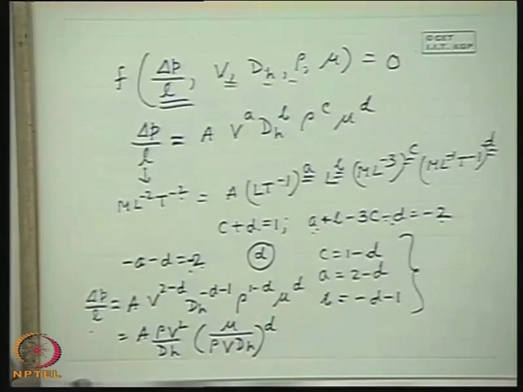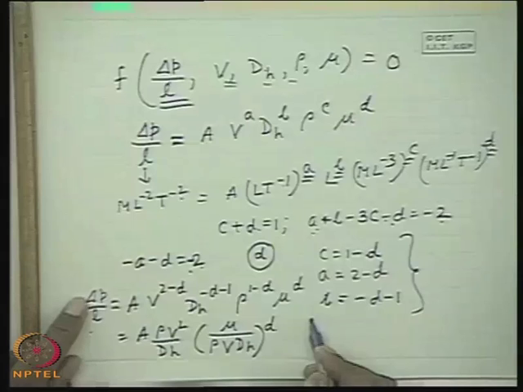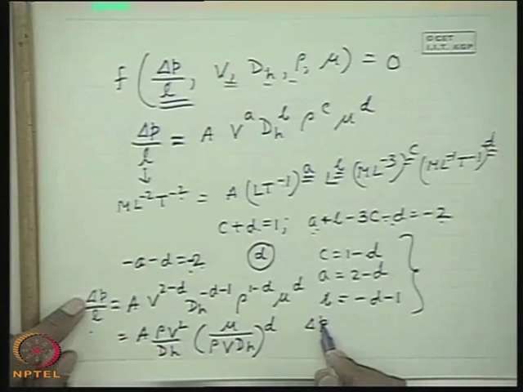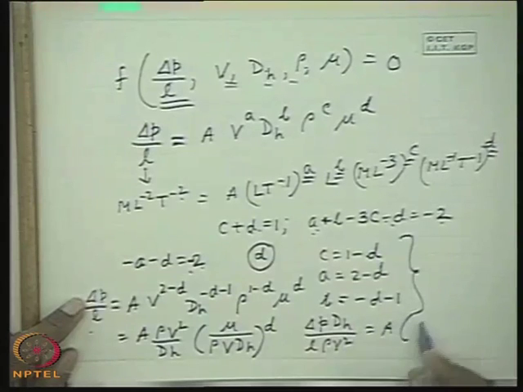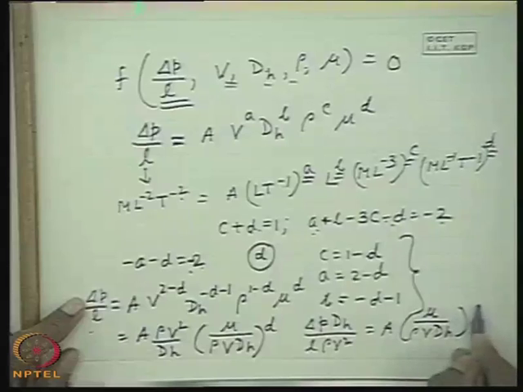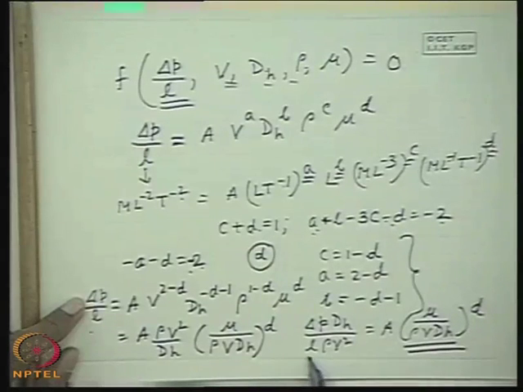So therefore it is done. Or you can write, if you multiply this, delta P dH by L rho V square is A into mu by rho V dH.